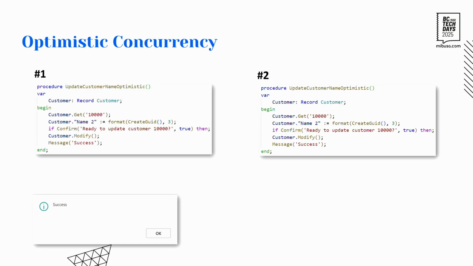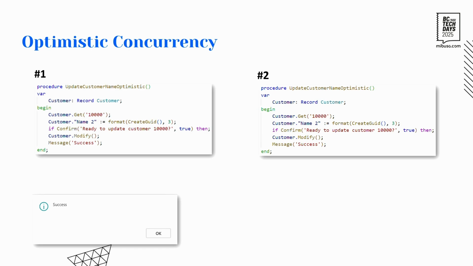So that leads me to a short intro on locking, and I know many of you know most of this, but I'll still go through some of the basic scenarios. So in the UI, we rely on optimistic concurrency.